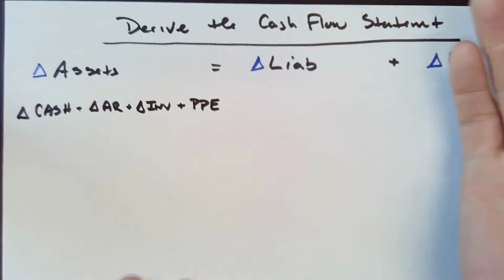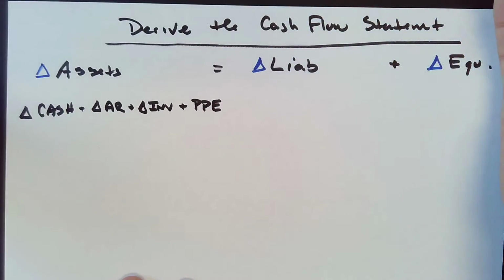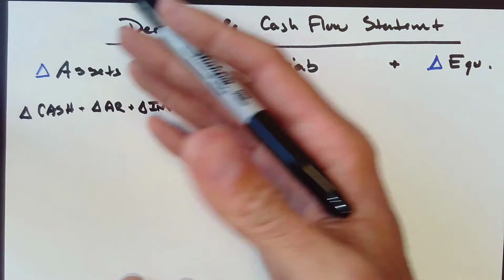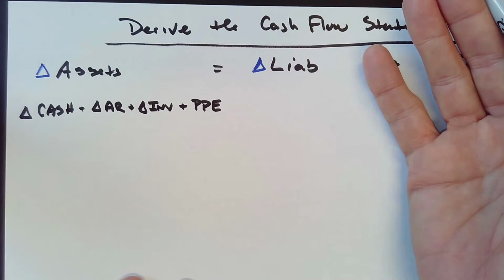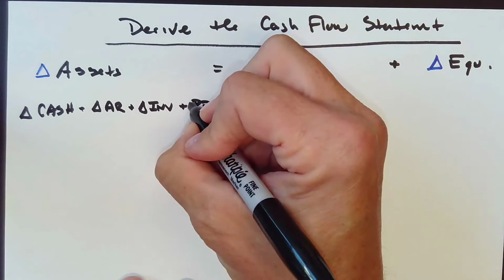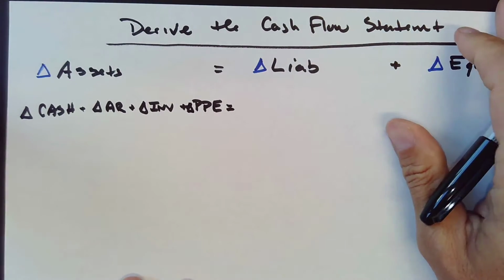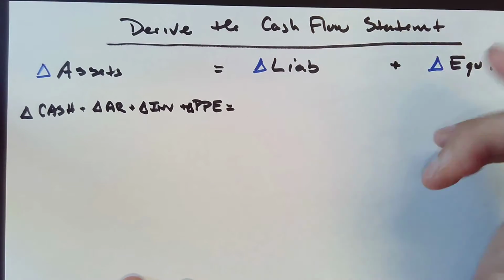You could have changes in prepaids, changes in intangibles, whatever's on the asset side. You're going to have changes, right? And that's going to equal my change in my liabilities. So what's a disaggregated liabilities? Well, we'll do a couple, right?